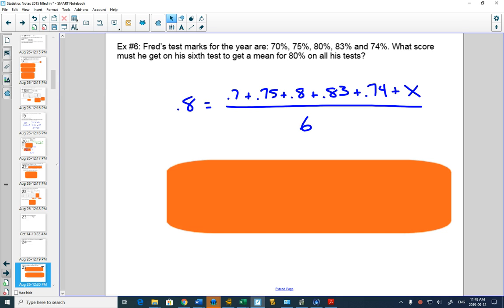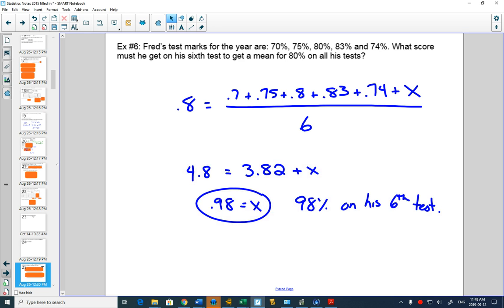I changed my percentages to decimals. You could have kept it out of 100. That's fine as well. Okay? We have 6 tests now, and now it's a matter of just working through the algebra. Things are not looking good for his 80% average at this moment.